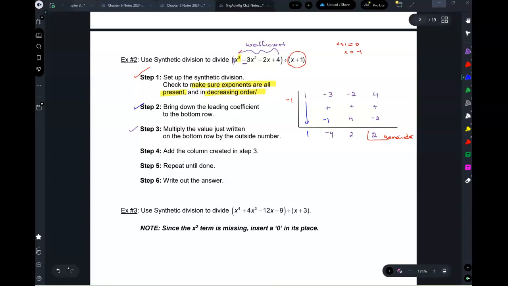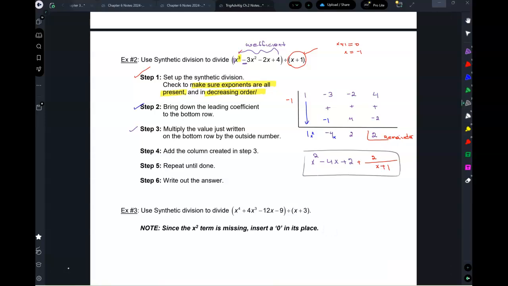This gets an x squared, x to the 1, and nothing. So when I write this out, I get 1x squared minus 4x plus 2, and I have a remainder. The way I write the remainder is plus 2 over that term x plus 1. And that is how we do synthetic division.